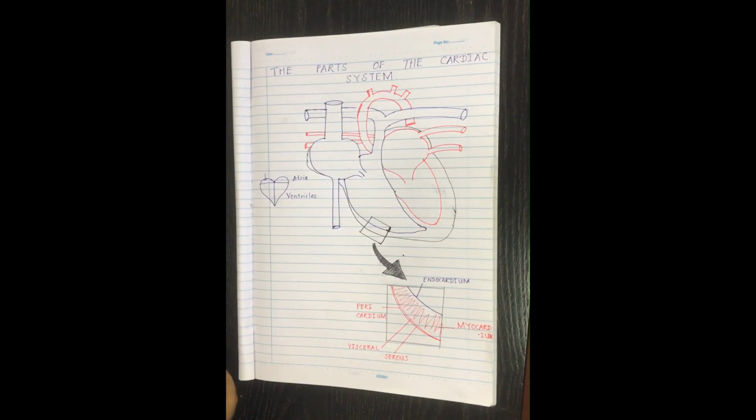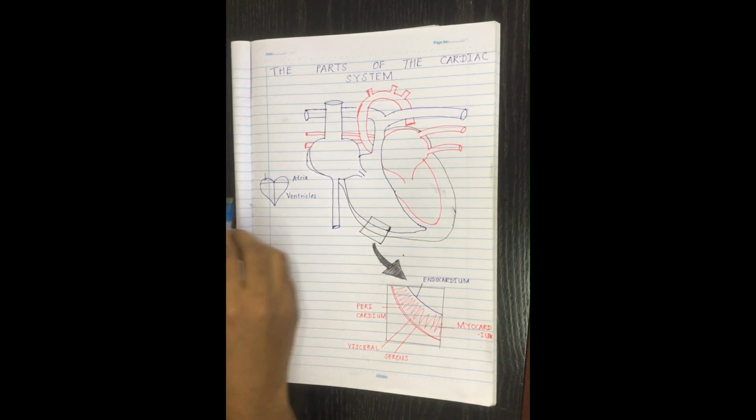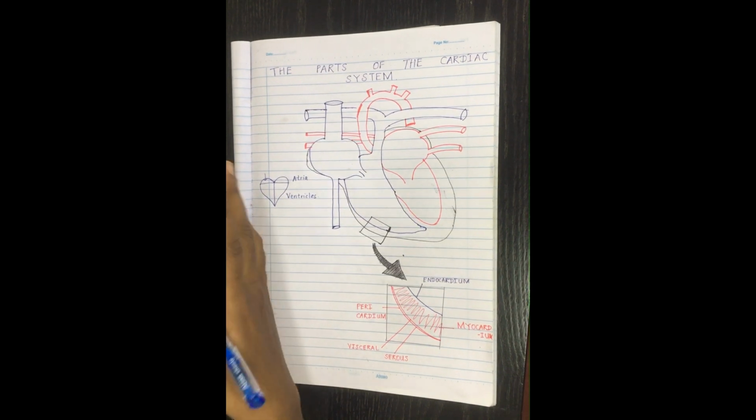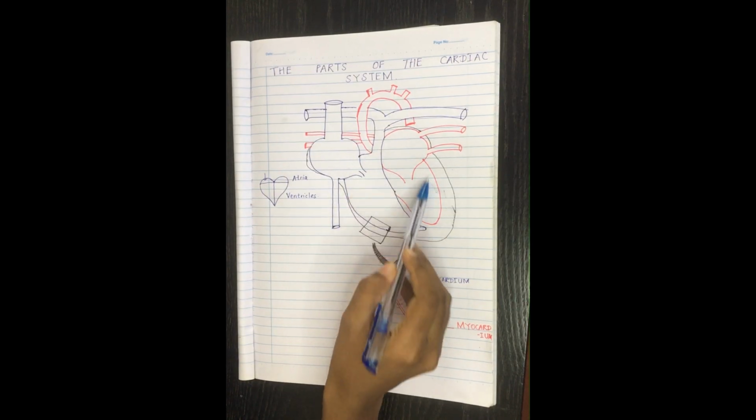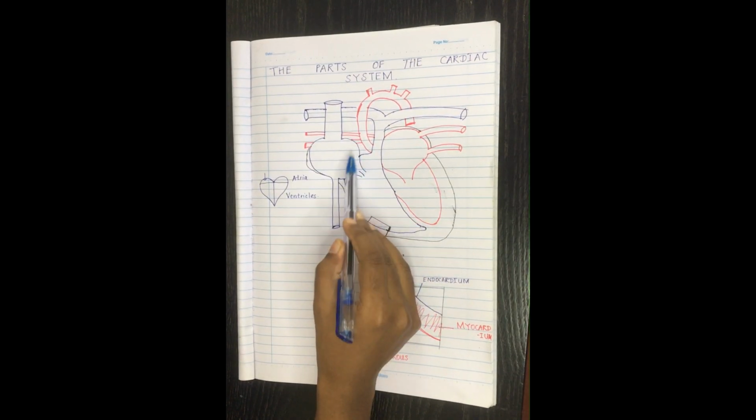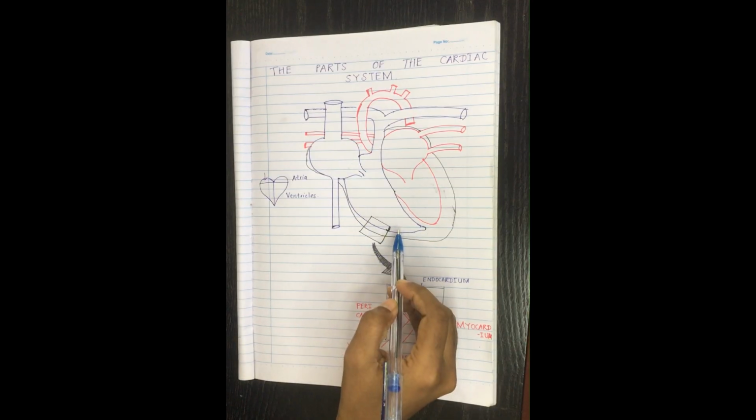Think about a patient standing in front of you, facing you. His heart is just in front of you, right? So the right part is this one, and the left part is this part.